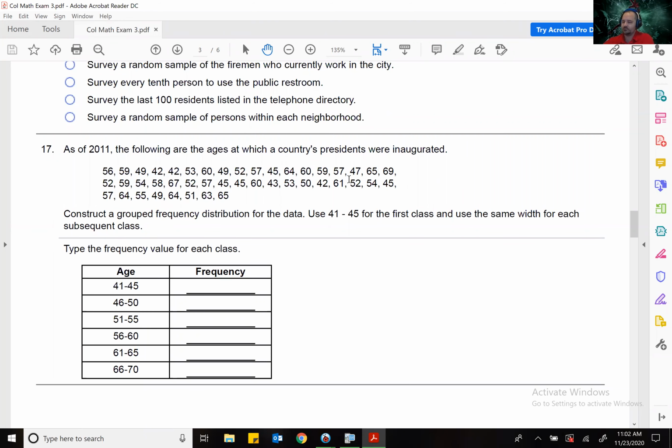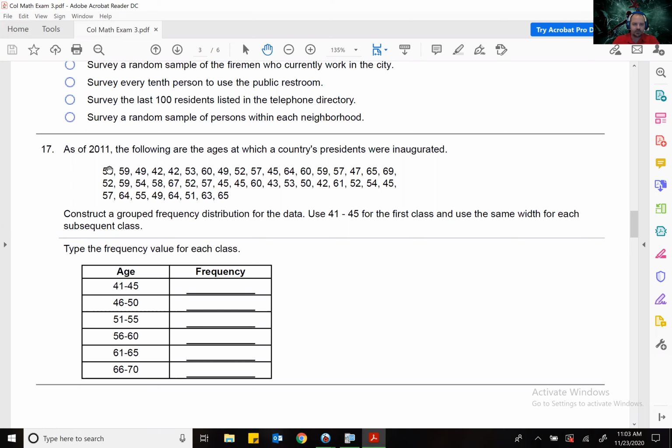The number 8 in 46 to 50, 5 in 51 to 55, 10 and the 56 to 60, 12, 61 to 65, 7, and 66 to 70, there are 2.